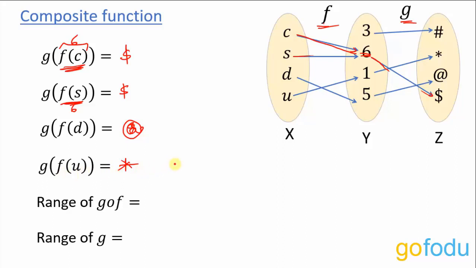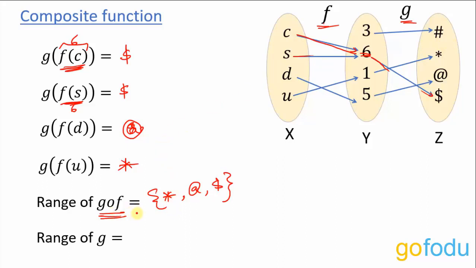Now from the above obtained values, we can write the range of g of f as star, at the rate and dollar sign, because these are the values that we have obtained. We found g of f of all these values, and this hash symbol we cannot obtain, so it will not be there in the range of g of f.